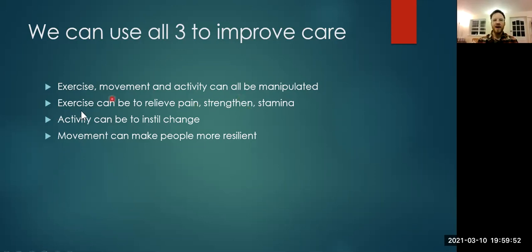So exercise is essential. I think that's something that we'd all probably agree on. We all need to exercise. You can use exercise for a number of things. Like I've said, you can use it to relieve pain. You can use it to strengthen. You can use exercise to improve stamina, whether it's cardiovascular health, that can really help and increase your cardiovascular output and your endurance.